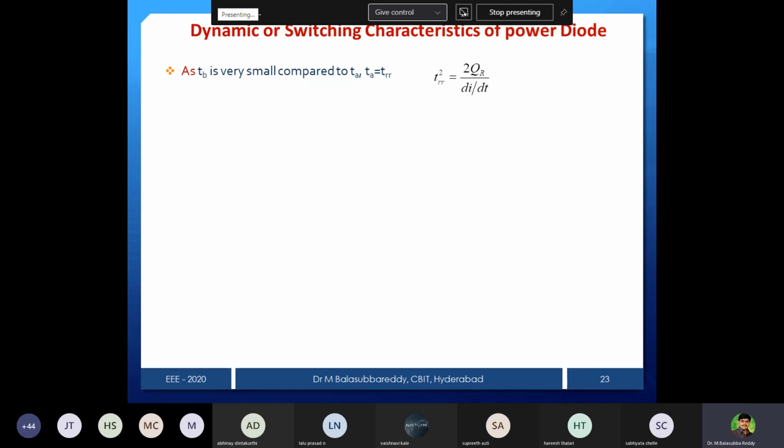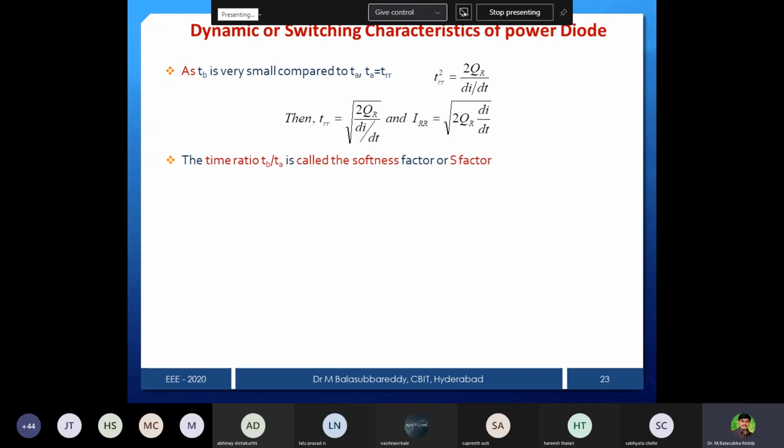From this, TRR squared is equal to this expression, and we get TRR as its root. So TB will be small compared to TA and TRR. The time ratio TB by TA is called the softness factor, or S factor.